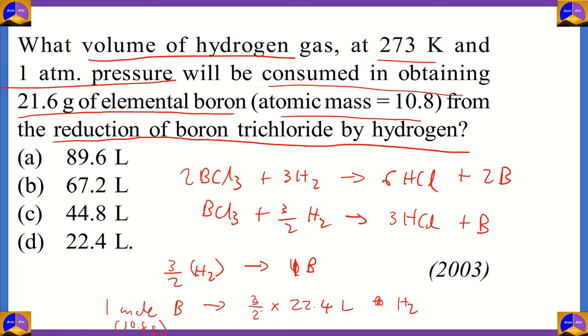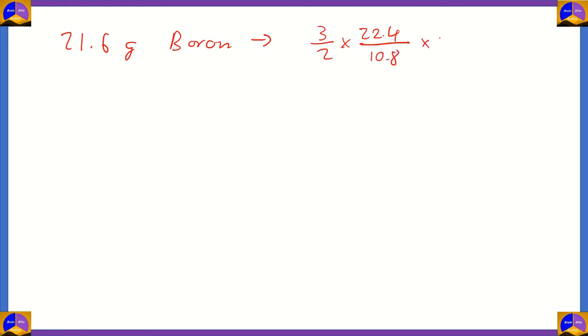So at 3 by 2 into 22.4 liters of hydrogen gas, 10.8 grams of boron is formed due to reduction of boron trichloride by hydrogen. Now, if you were to take 21.6 grams of boron, then on the other side you will have to consume 3 by 2 into 22.4 divided by 10.8 into 21.6 liters of hydrogen.